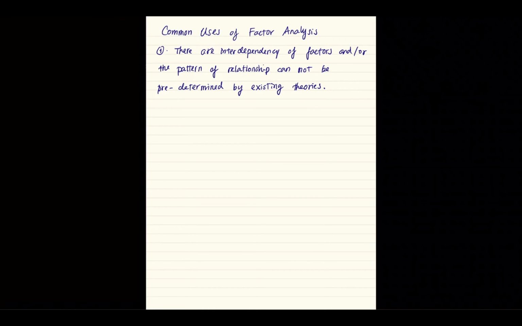However, in the example I gave you just now, whether other people's decisions or choices affect your purchase intention positively or negatively, we cannot decide. So if you run a regression, no matter what result you get, you cannot verify whether it is true or false. You cannot verify that a positive result is because you did the correct thing or because you made a mistake. So if you cannot decide the pattern, then factor analysis should probably be your choice.